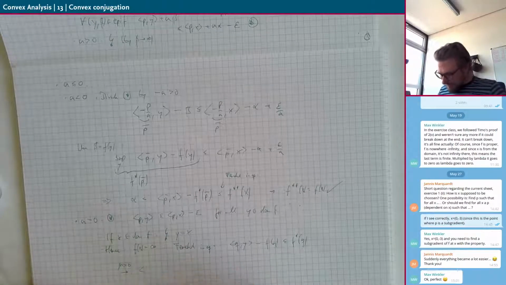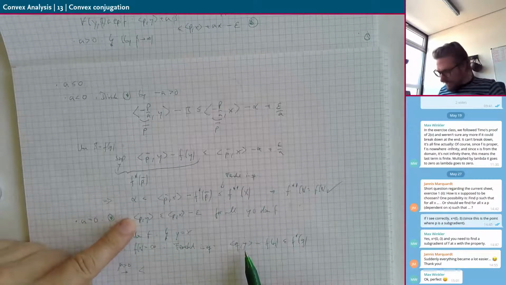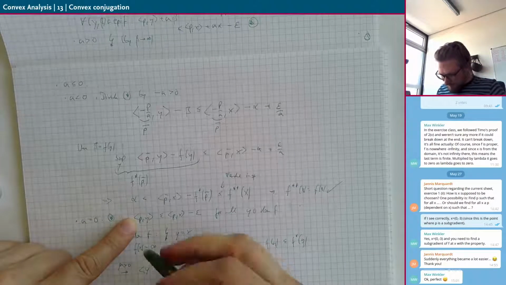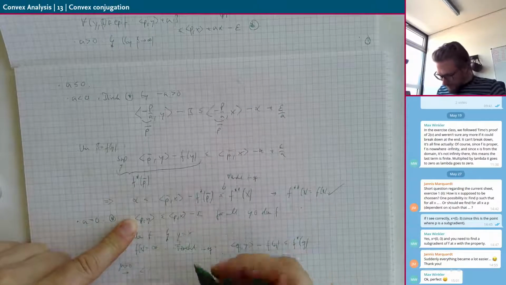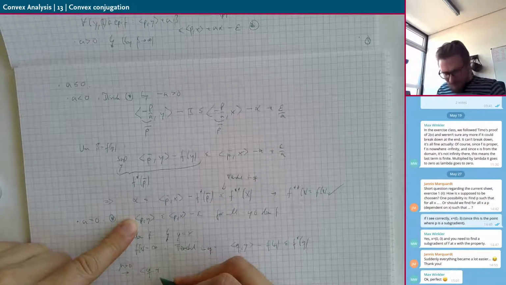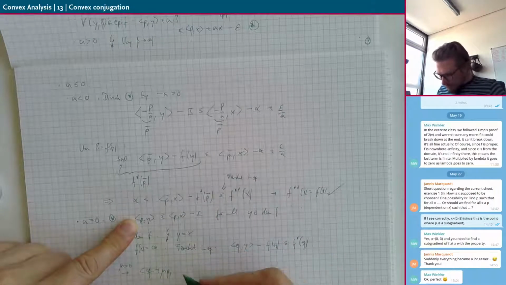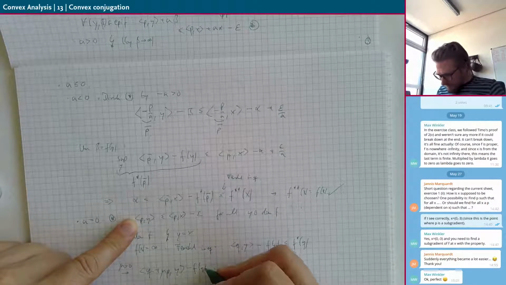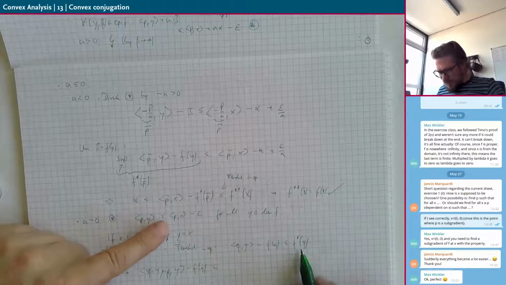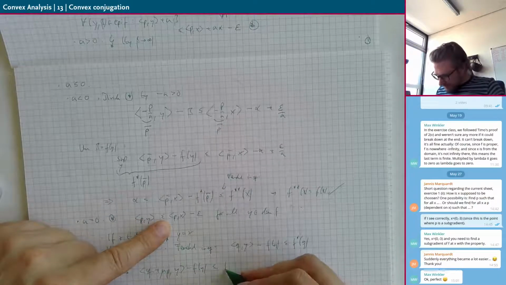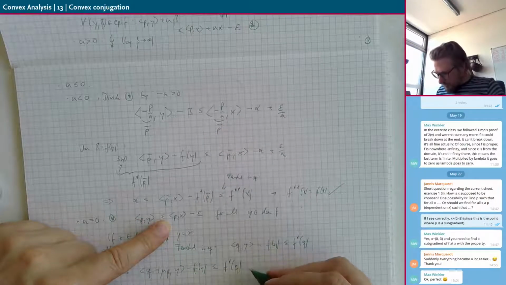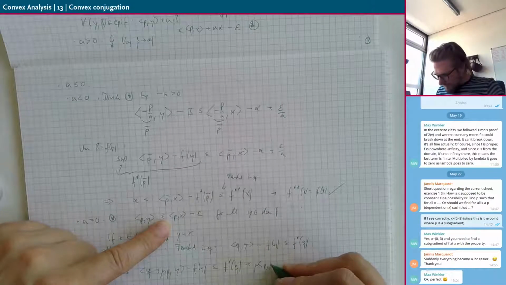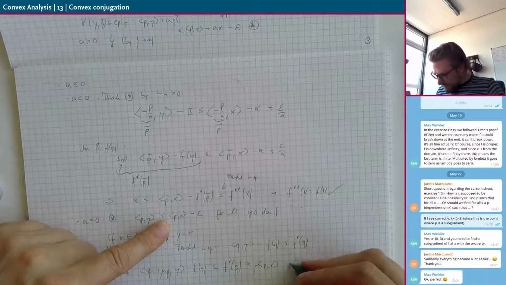I put it as in the lecture notes. It's then q plus mu times p with y minus f of y is smaller or equal to, and we do the same thing here, f star of q plus mu times p with x minus mu times epsilon.